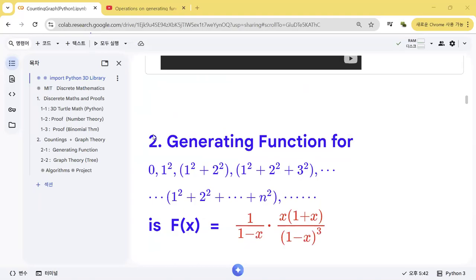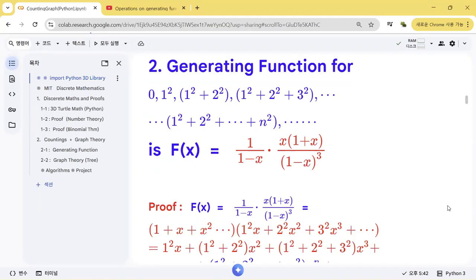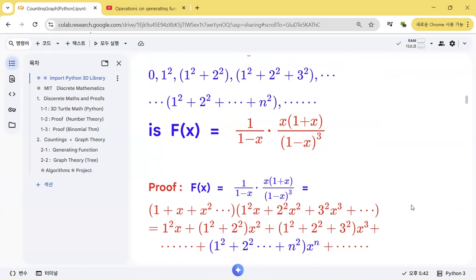Let me give an example. So let's see. One times this one is one squared x plus two squared x squared plus three squared x cubed, and so on.